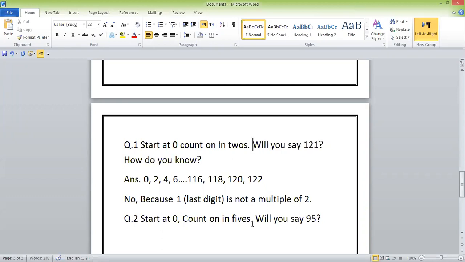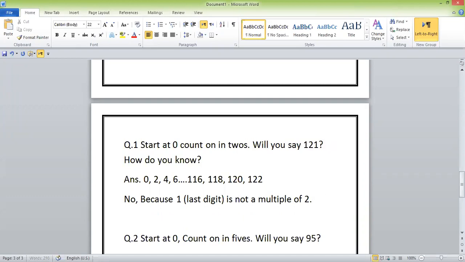Yes, start from 0, count on in fives. Will you say 95? Yes, guys, yes or no?